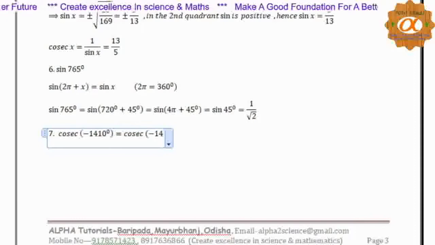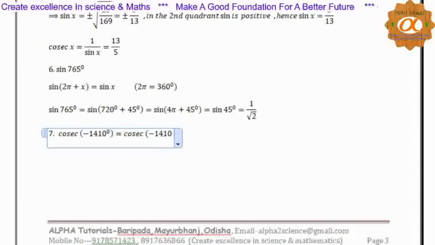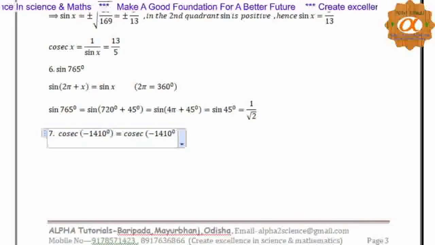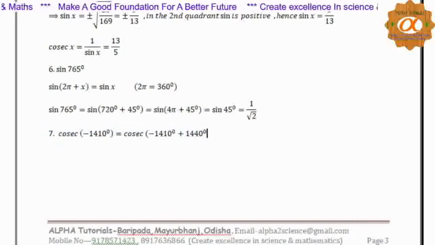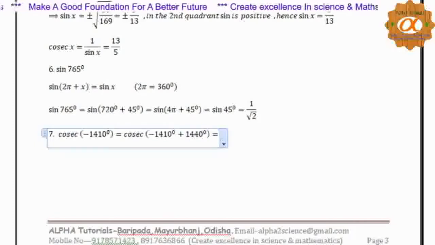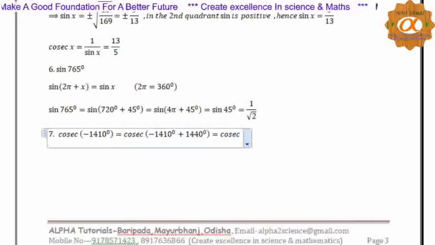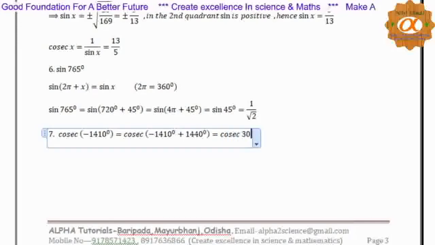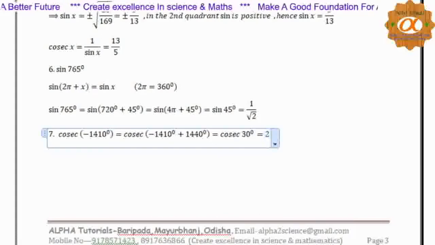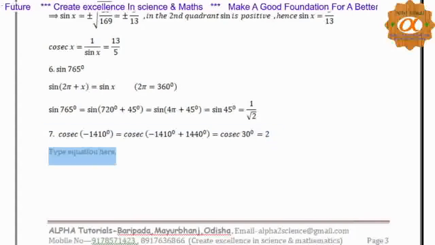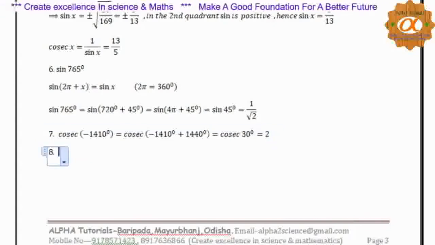The nearest value comes out to be 1440, hence I add it. Cosec minus 1410 degree is equal to cosec of minus 1410 degree plus 1440 degree. That means it comes out to cosec 30 degree. And cosec 30 degree, as we all know, is 2. Answer. Question number 8.